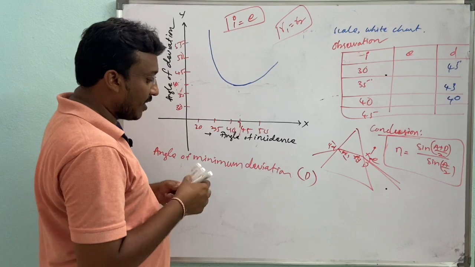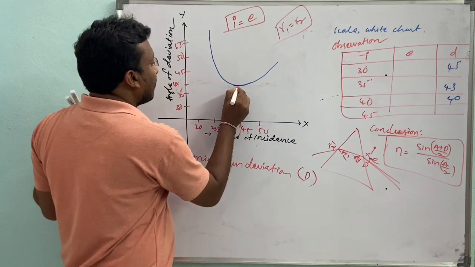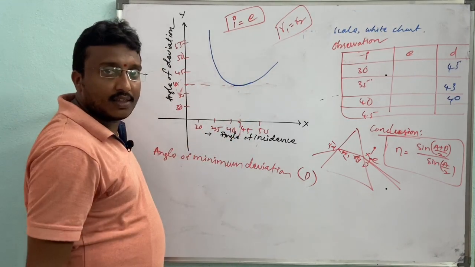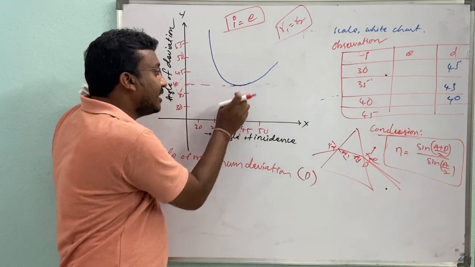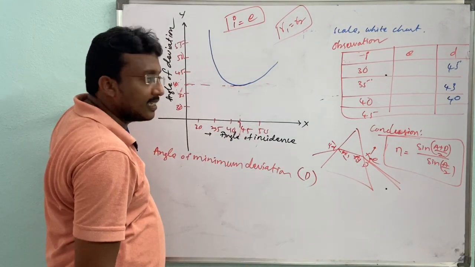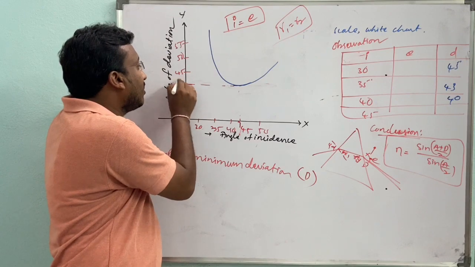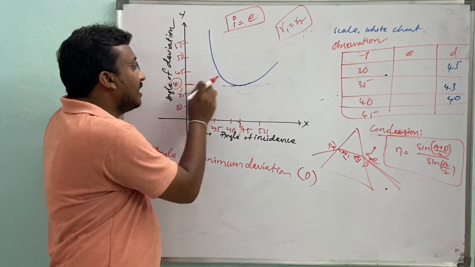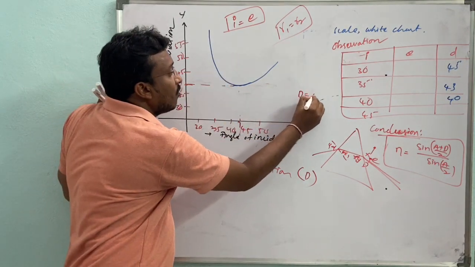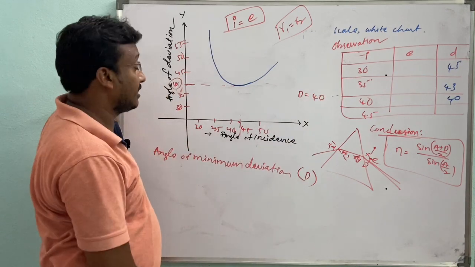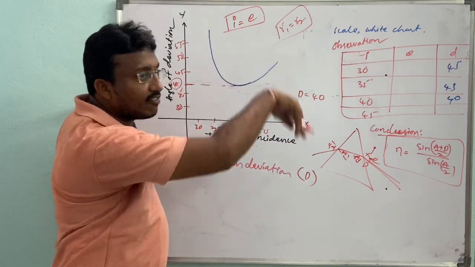In such case, what we have to do? We have to draw the horizontal to the x-axis, and where it touches gives the minimum angle of deviation. Then in this case D equals 40, and he will ask what is the angle of emergent.